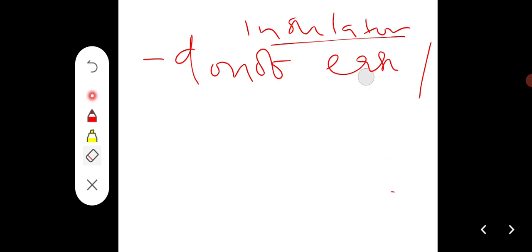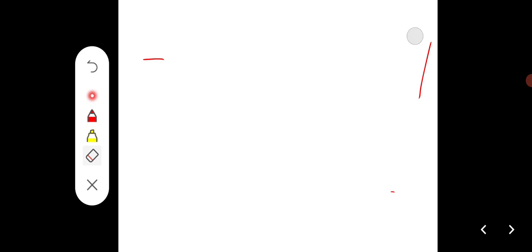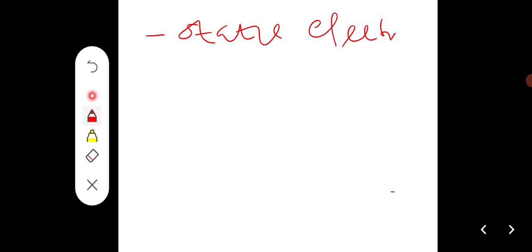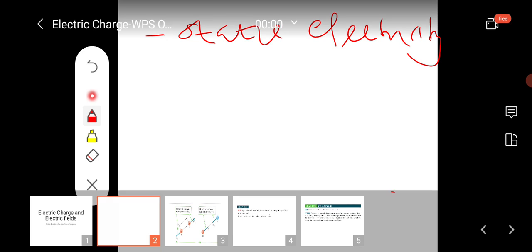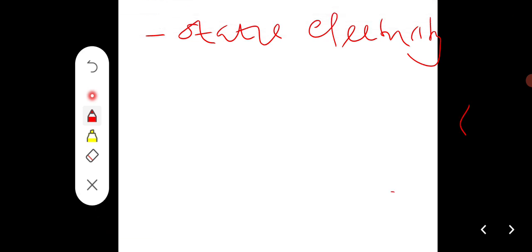Before we move to the next one, let's recap what we have covered so far. First, electric charges come about due to static electricity. Then we said that we have two types of charges, positive and negative.